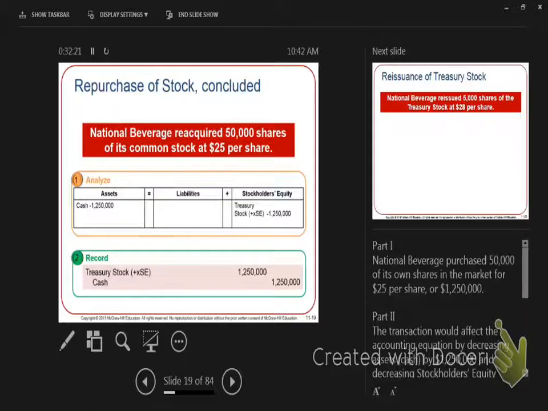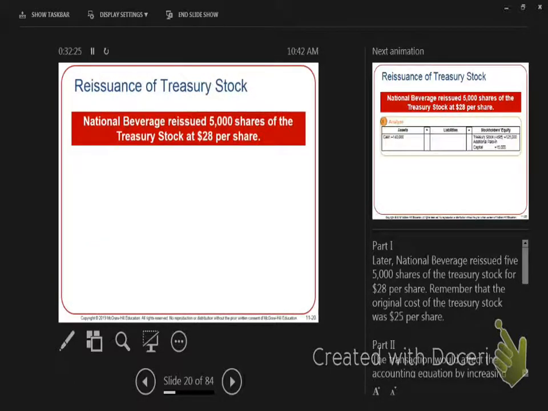Now this is where it gets a little fun. The next slide says I sold 5,000 at 28. All right, if I sold 5,000 shares of stock at $28, what do you think happens? First of all, what do you get when you sell stock?